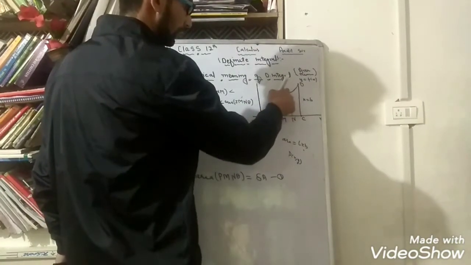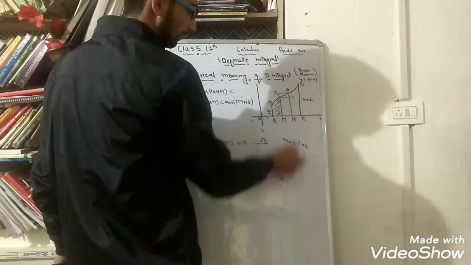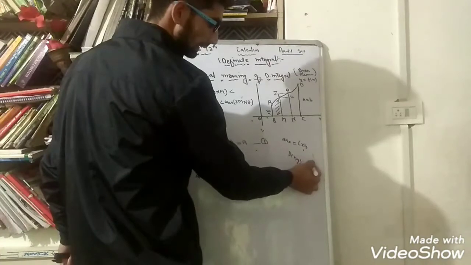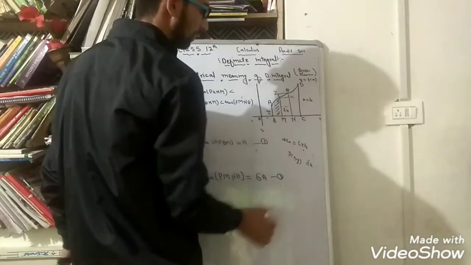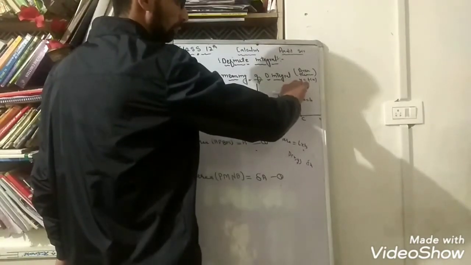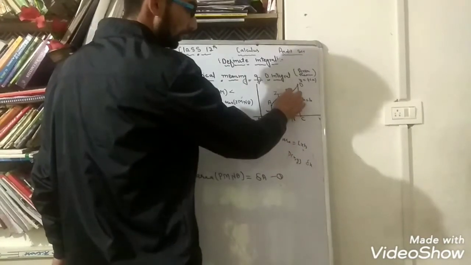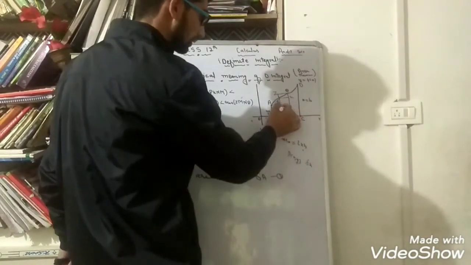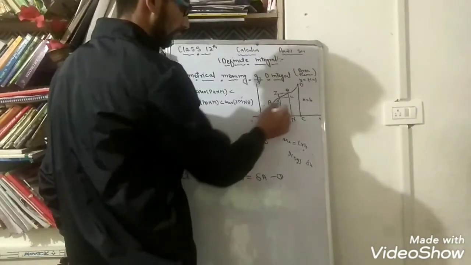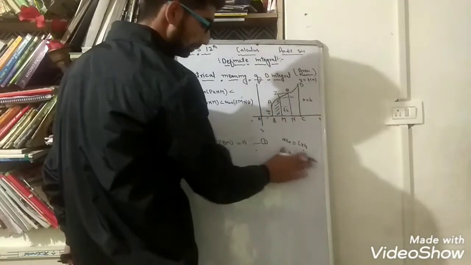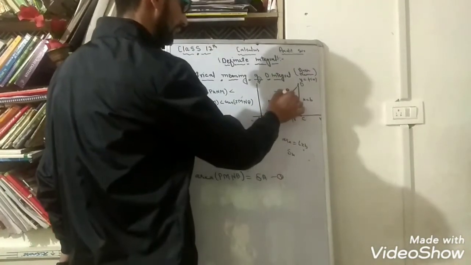We take another point Q, and we have taken the distance by del x. So if here is x, then here the point is x plus del x. So the distance from this point to this point is del x. So now our breadth is del x for the rectangle PKNM.